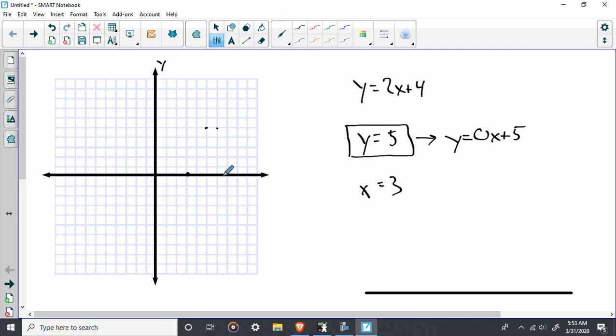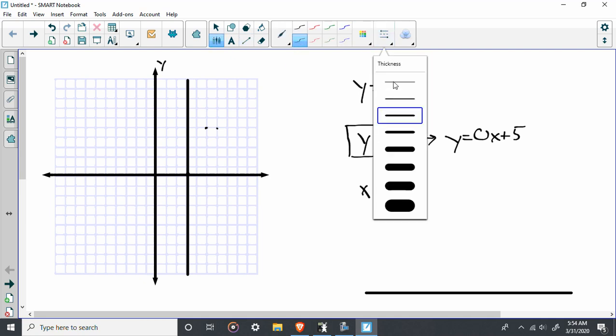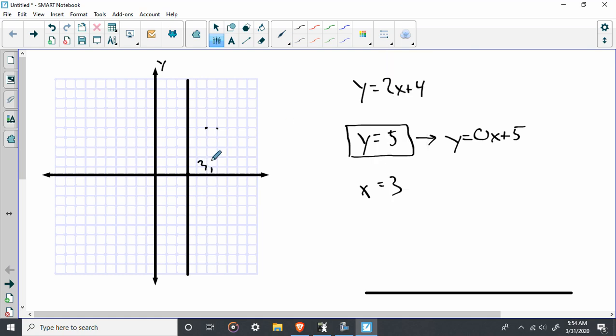Now, we can't do the same thing with this because, believe it or not, this line doesn't have a slope. Again, real quick before I explain why it doesn't have a slope, let's think about some points on this line. This is the point 3, 1.